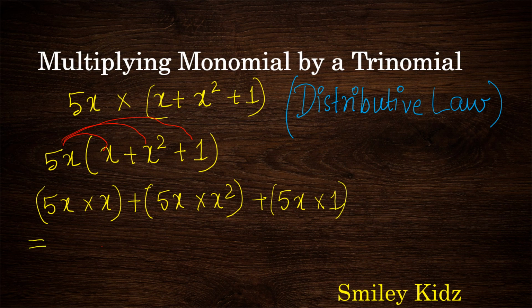Now 5x multiplied by x gives us 5x squared, plus 5x multiplied by x squared gives us 5x to the power 3, or 5x cube, plus 5x multiplied by 1 gives us 5x. So what is our answer? It is 5x squared plus 5x cube plus 5x.